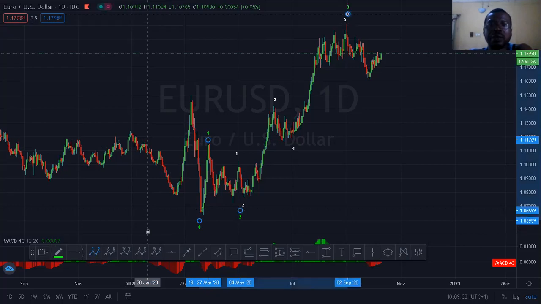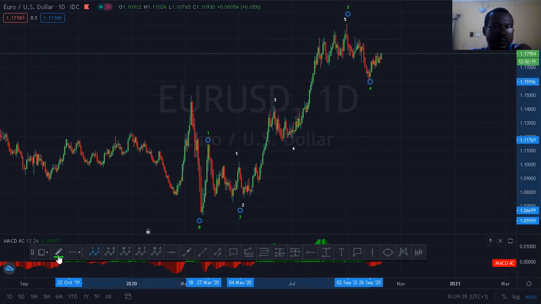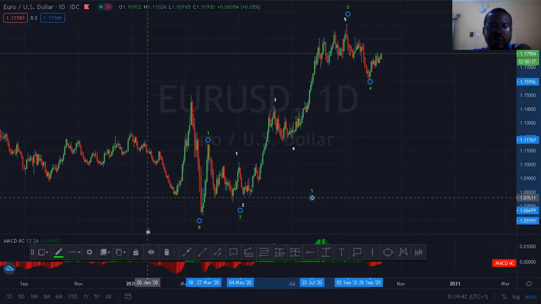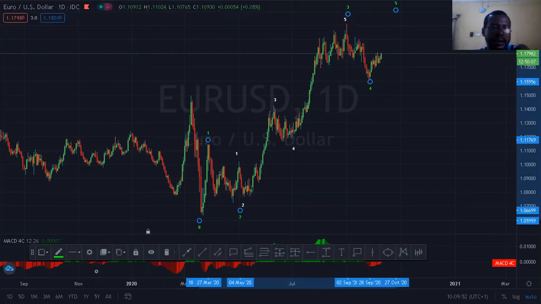This is wave 3. Wave 4 we have either ended here or we still come down. So wave 5 we end somewhere there. So that's it.